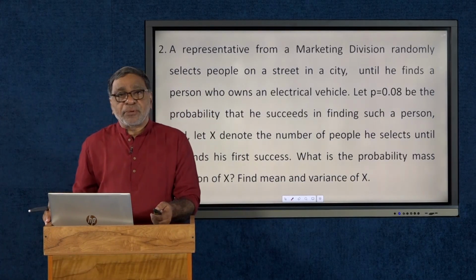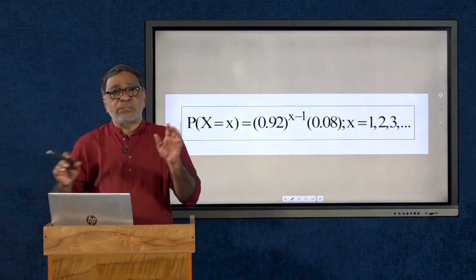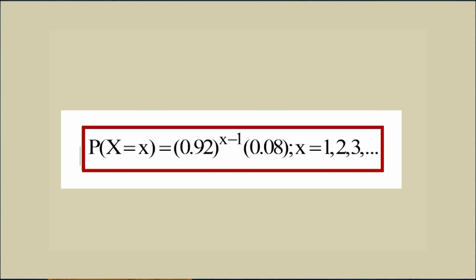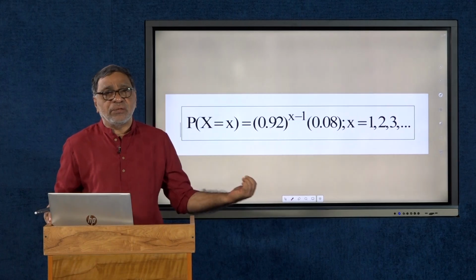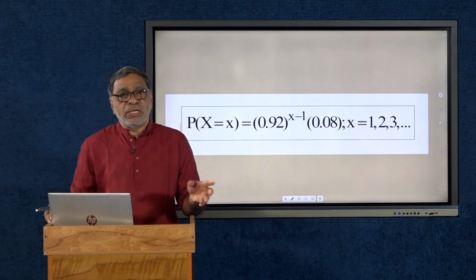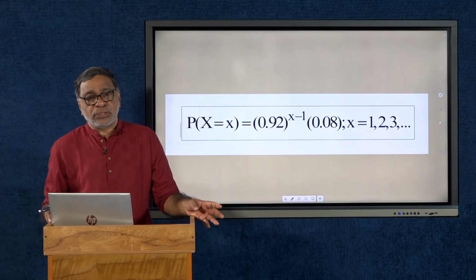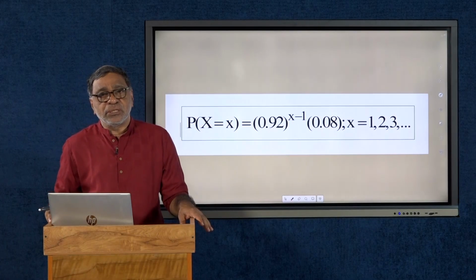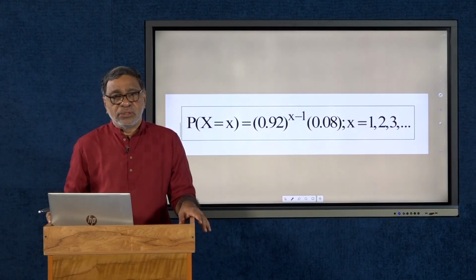So the probability of X equal to x is 0.92 power x minus 1 into 0.08, where x is equal to 1, 2, 3, etc. And the mean and variance I have already given: the mean is 1 divided by p, and the variance is q divided by p square. You substitute q and p there, and you will get the mean and variance.